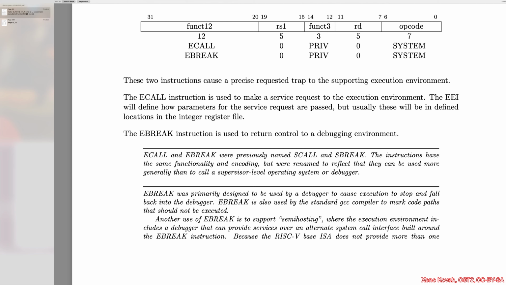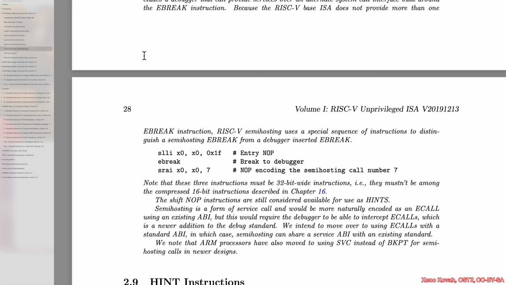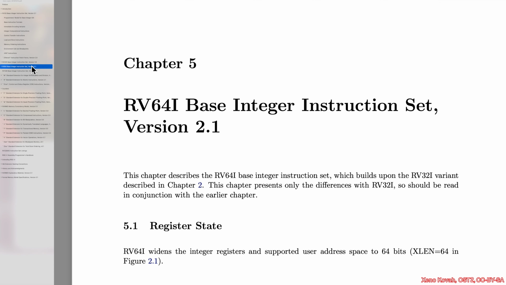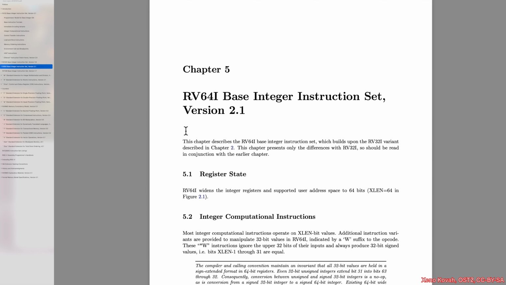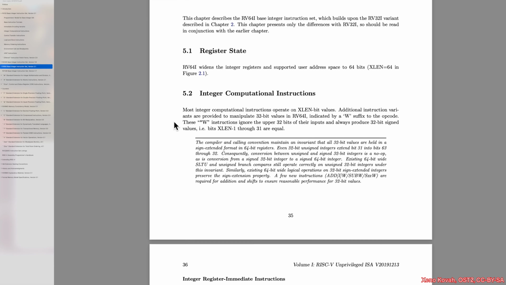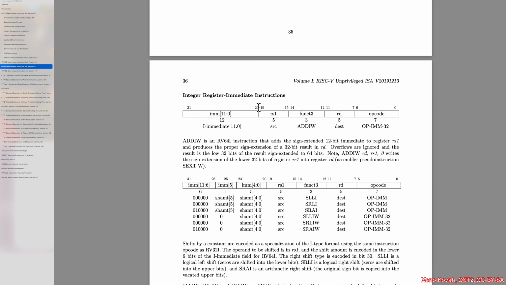Now, I want to make a point that that's the 32-bit stuff. There's a little bit about hints, and I don't care about the hints here, so I'm just going to skip that. You can read that if you're interested. I just want to make a point that that was all the 32-bit stuff. The 64-bit stuff essentially is all 4 pages. Four pages is all it takes to describe the superset of 64-bit stuff.